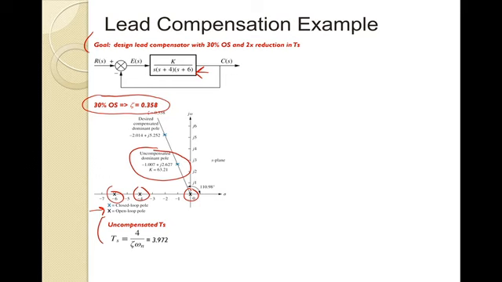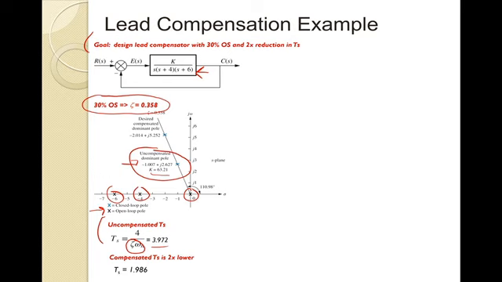With that root locus, I would end up with a gain of K at that point right there. Given these locations for sigma and omega d, I could find omega n, and since I know zeta, I could find my original settling time, just under 4 seconds. Now, if I want that a factor of 2 lower, I'm going to be just under 2 seconds. So that's how we found the uncompensated settling time.